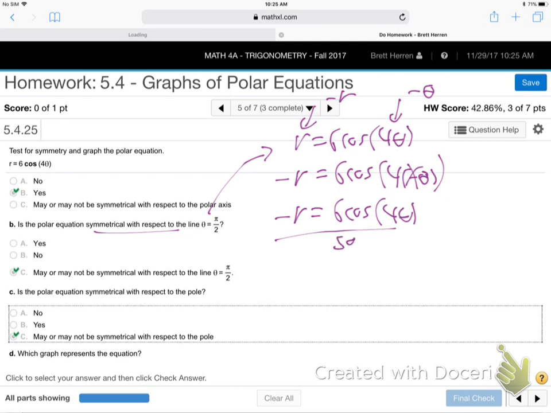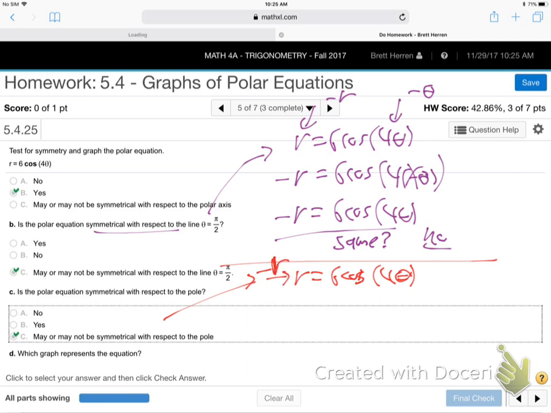So same? No. And then the last one, r equals 6 cosine 4 theta, put in negative r. So negative r is 6 cosine 4 theta. Is that the same? No.